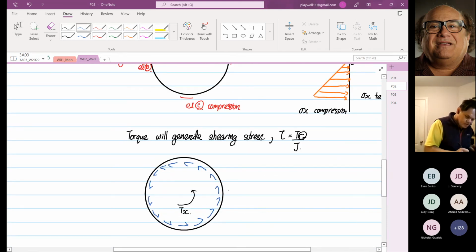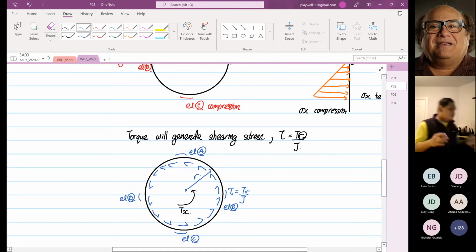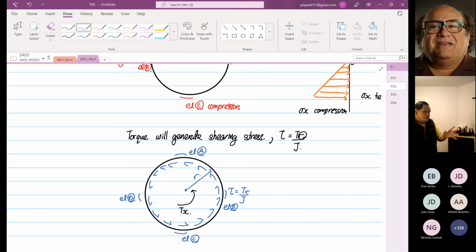So this is inducing the shear, which is equal to TR over J, and all of them are related to the radius. So if I draw the elements first, this is your element A, element B, element C, and element D. They all will have the same shear stress due to the torque.